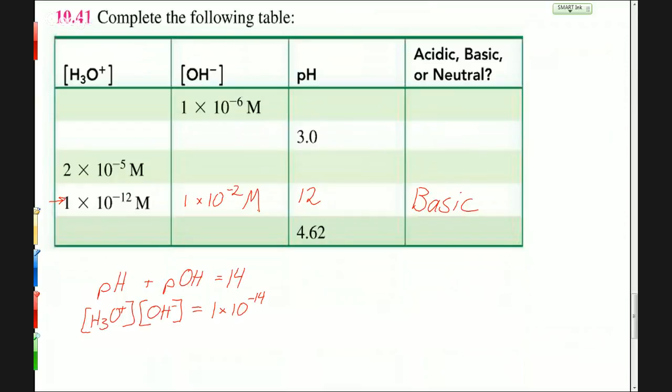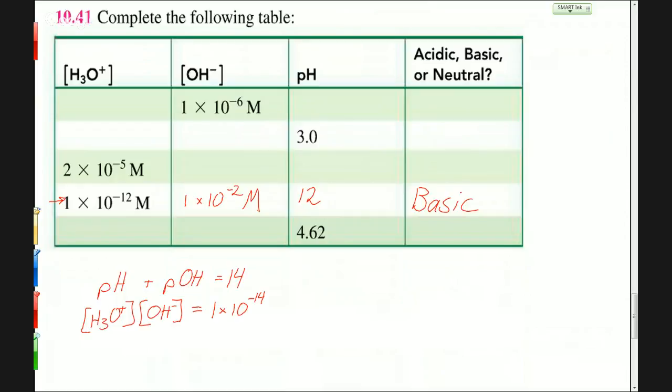Now, if the numbers aren't easy like that, like the previous one, which is 2 times 10 to the minus 5, that's when we probably want to use a calculator instead. I can show you how to do it without a calculator if you want, but if you have a calculator, you can use that.